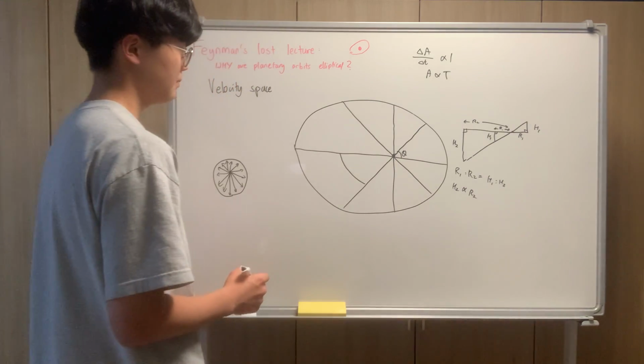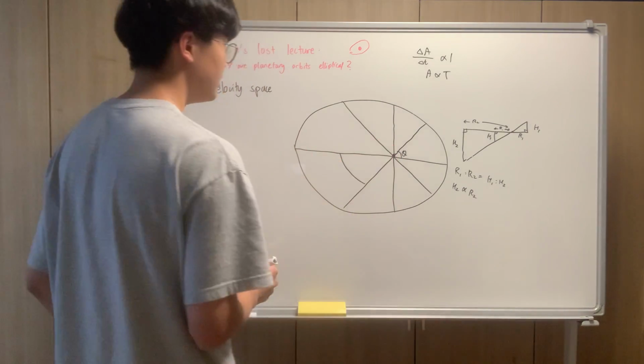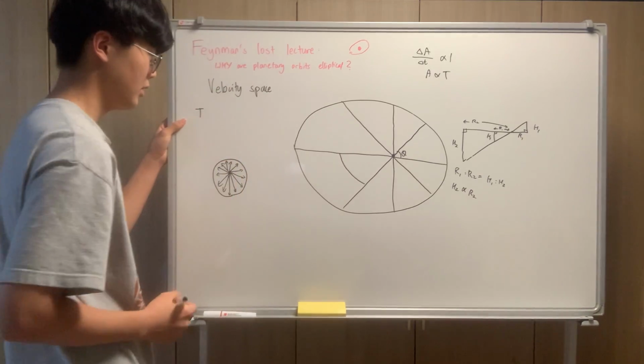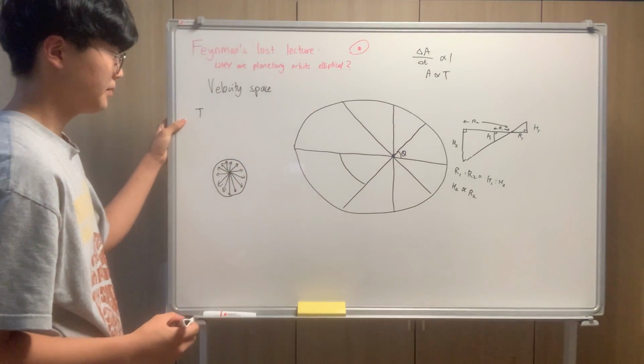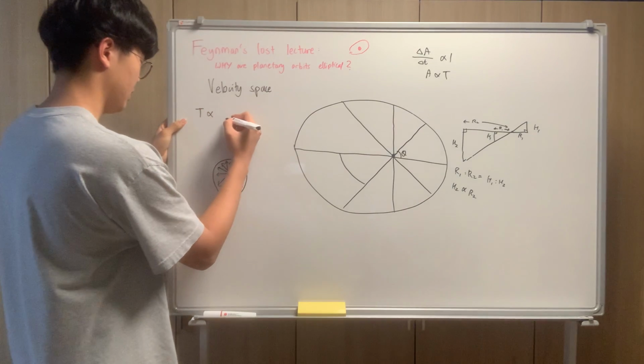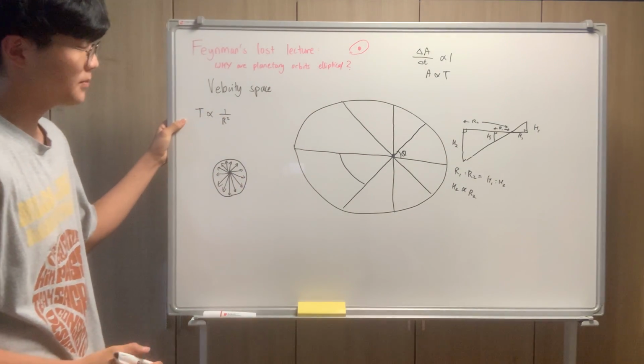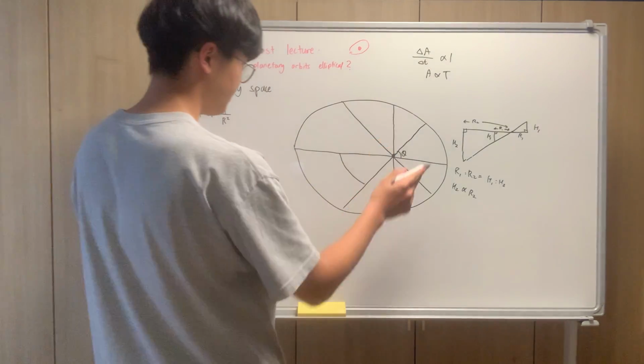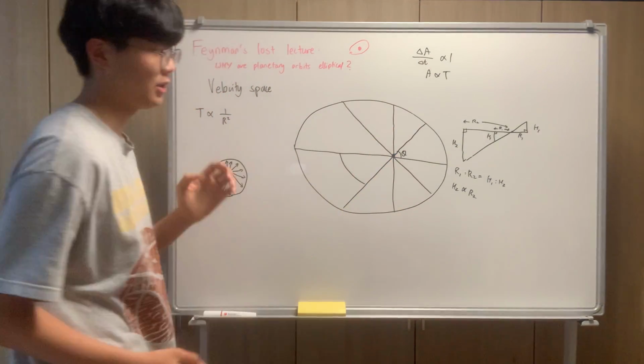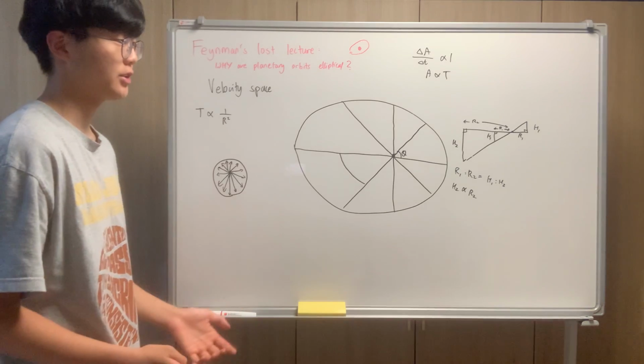the time taken would be proportional to the square of the radius, because when we look at here, we're basically dealing with the radius.